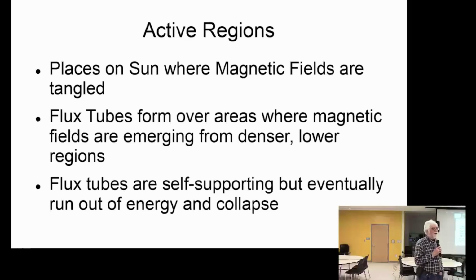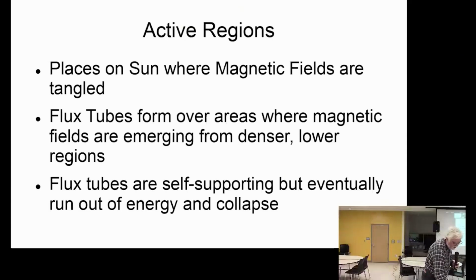But they get very, very active, and you get a lot of tangled magnetic fields near solar maximum. And one of the things that happens is you get these spiraling electrons in the sun. Now we're talking about the sun, not the Earth. When you get them forming on the sun, you get a thing called a flux tube.